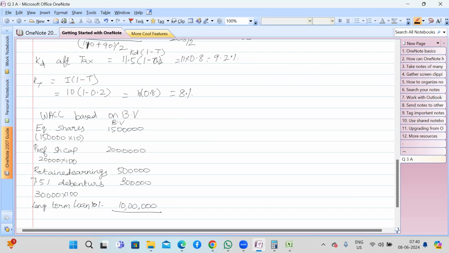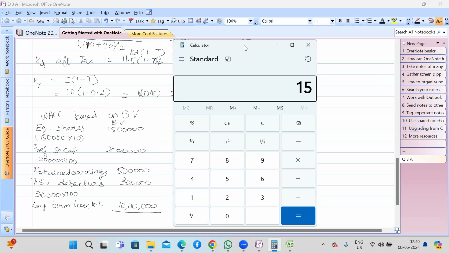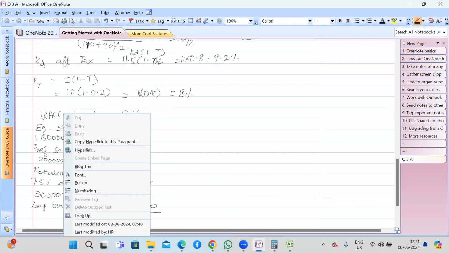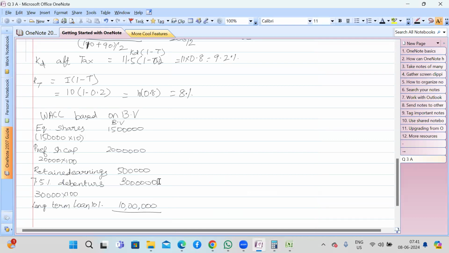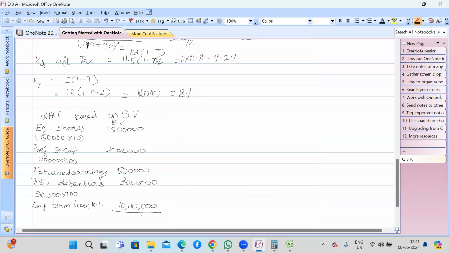So the total is 15 lakhs plus 20 plus 5 plus 3 plus 10. Sorry, I missed 10, so I will be getting 80 lakhs. The total is 80 lakhs here.